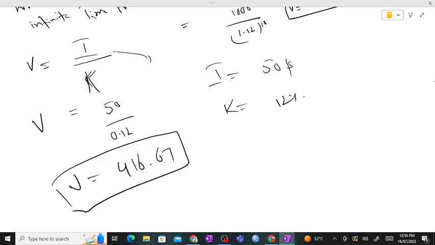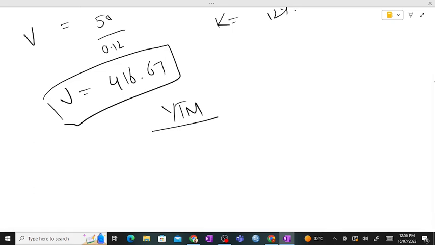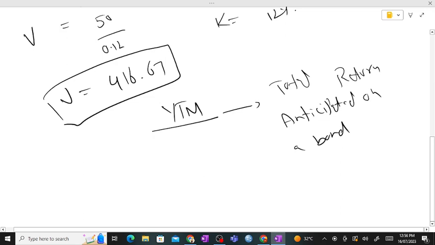Now, we were discussing yield to maturity. What is yield to maturity? We normally call this YTM. It is the total return anticipated on a bond if the bond is held until its maturity.